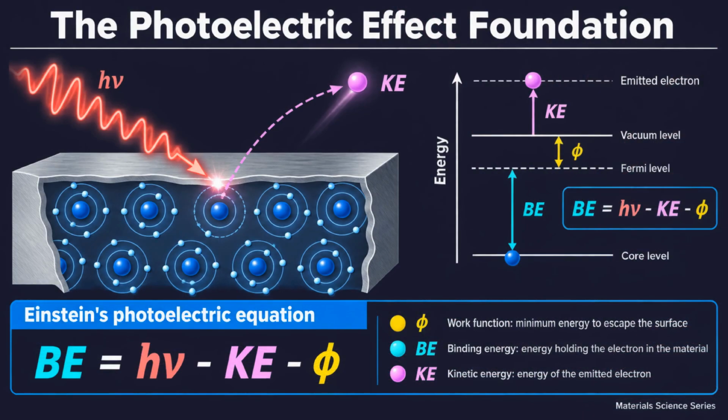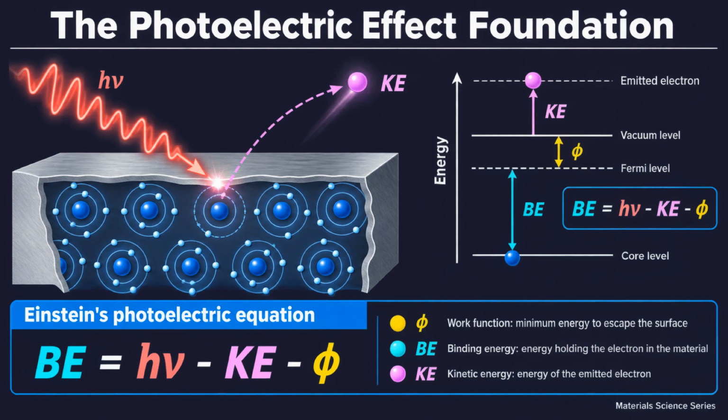XPS is based on the photoelectric effect, explained by Einstein in 1905. When an X-ray photon with energy hν strikes a material, it can eject a core electron if the photon energy exceeds the electron's binding energy plus the work function. The fundamental equation is binding energy equals photon energy minus kinetic energy minus the work function.